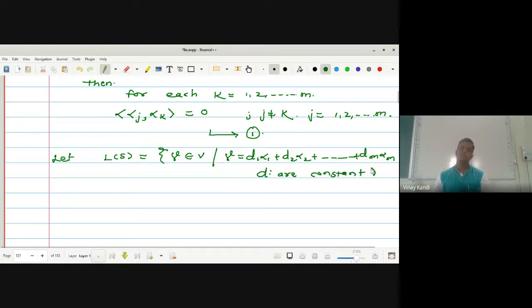Okay, any doubt up here? No, sir. लिनियर स्पॅन म्हणजे एखादा वेक्टर तुमचा जर लिनियर स्पॅन मध्ये असेल, if suppose alpha belongs to L of S, so this alpha we can write in the form of linear combination of alpha 1, alpha 2 up to so on alpha m. Okay, so this is the nature of this linear span, where these di's are constants.